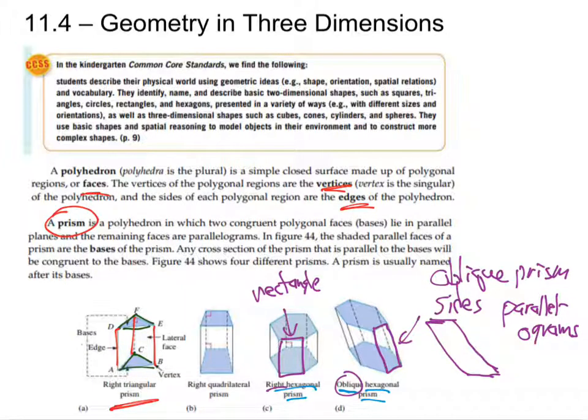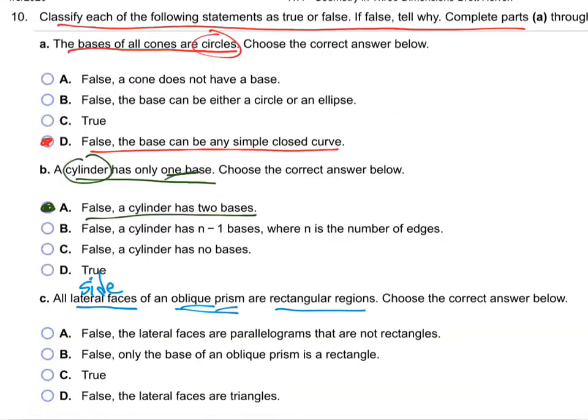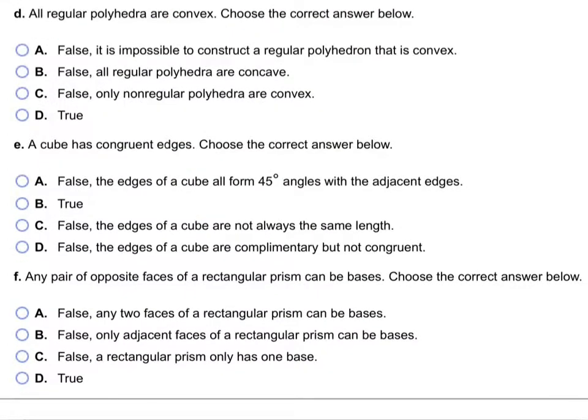It's not a rectangle. The angles are not 90 degrees, right? It's a parallelogram, the sides, for an oblique prism, because an oblique shape is leaning, and a right shape is like this. A right shape is straight up and down, and the sides are rectangles. So, false. The lateral faces, the side faces, are parallelograms that are not rectangles. That's what they are.